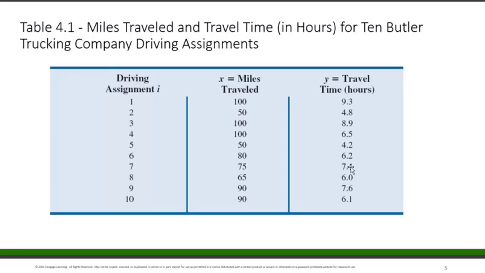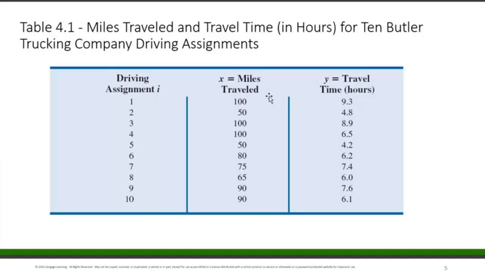Well, you want to estimate this time for future driving routes, the routes that have not been completed, so that they could tell the driver, here's how long we expect your trip would take, so they could plan accordingly.